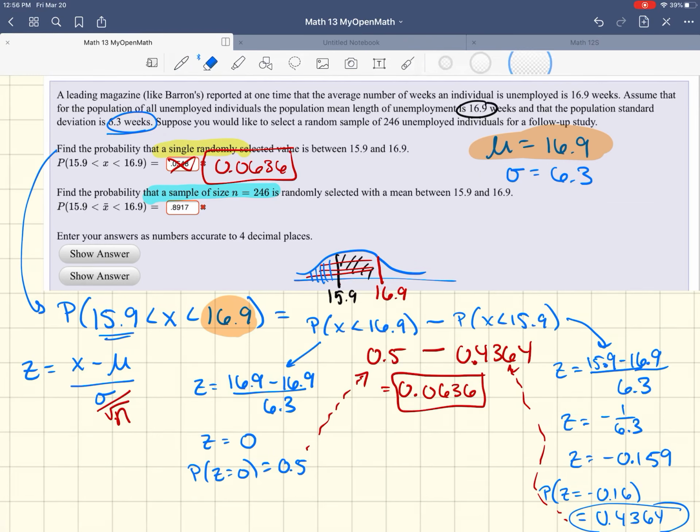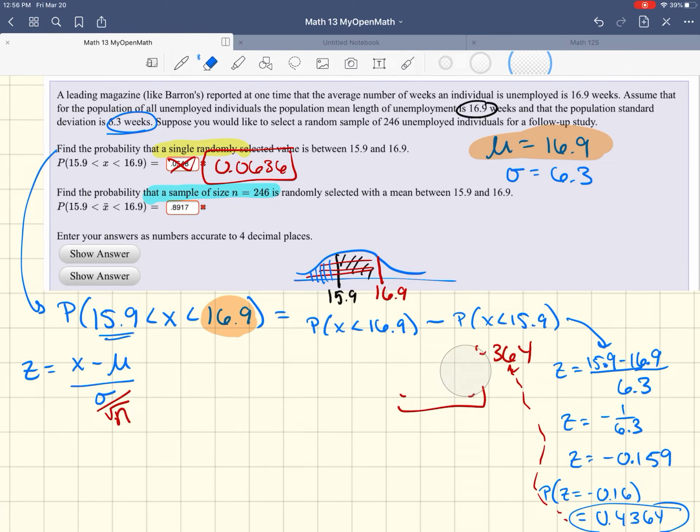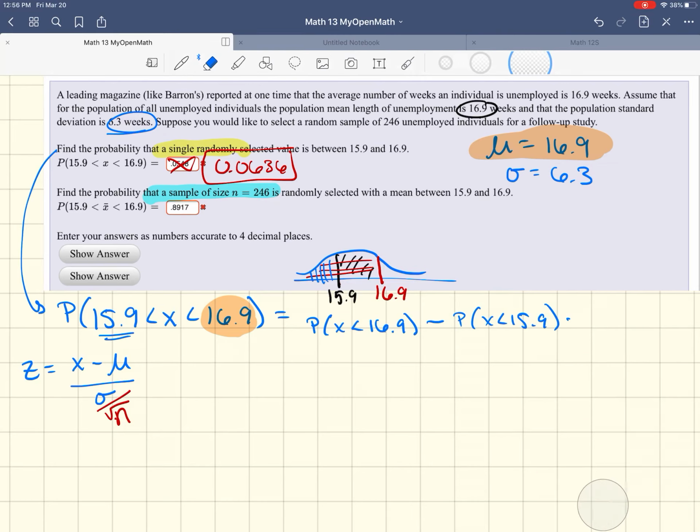So let me erase a good deal of this, but not everything. Same exact idea, except I'm going to change this to x bar because this is now our sample mean, and everything else will stay the same.